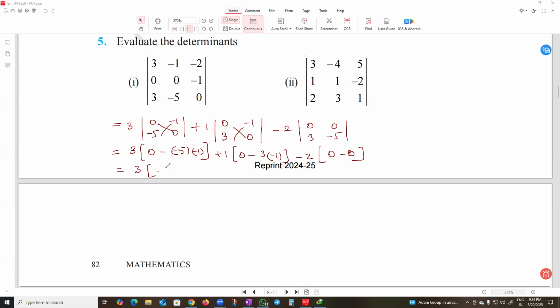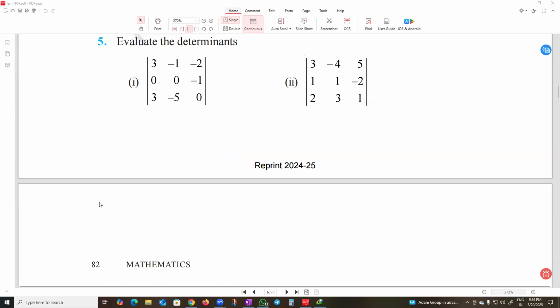So 3 times which is minus 5, and this is plus 3, and the next value is 0. So minus 15 plus 3 is equal to minus 12. So this will be the answer of this question. And you can try the next problem. Try this and tell me the answer.